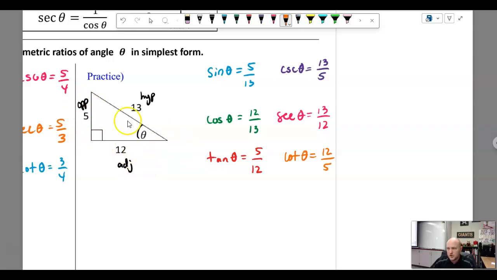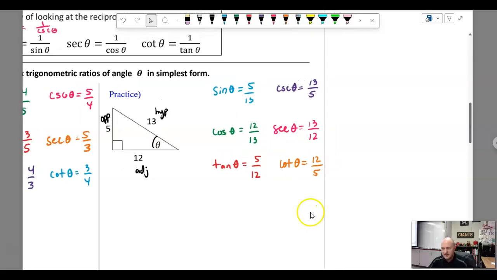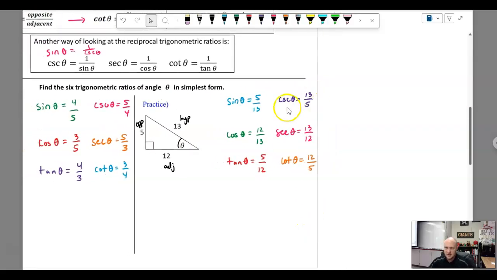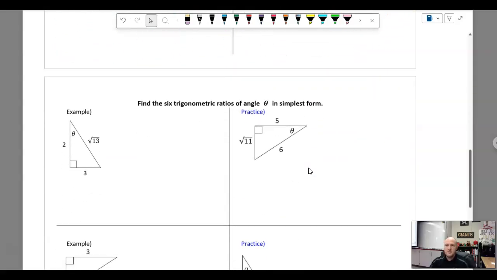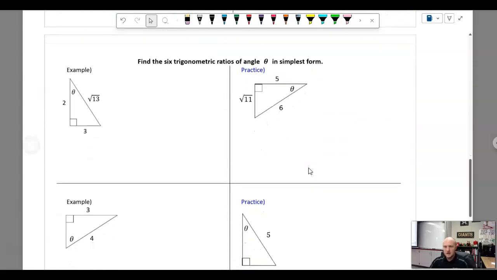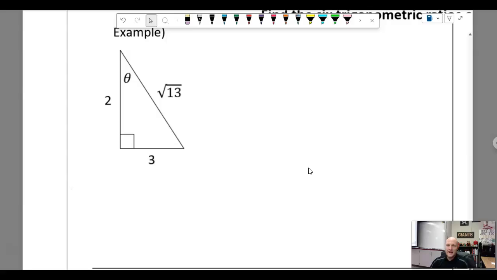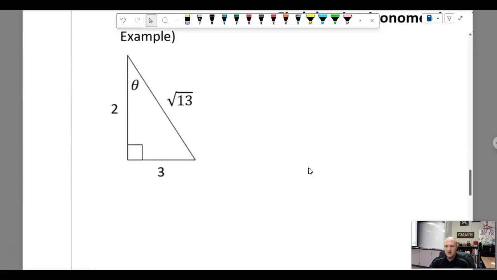Anyway, you should have gotten those values. Cosecant of theta, 13/5. Secant theta, 13/12. Cotangent, 12/5. Okay, how can we make this more difficult? Well, we can start by adding in some radicals, square root of 13, which comes with rationalization.